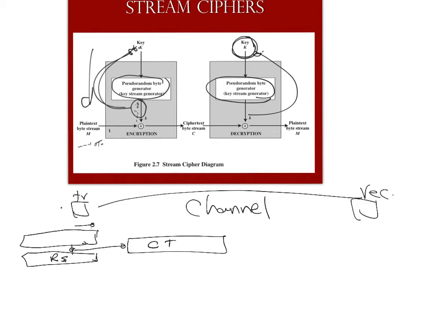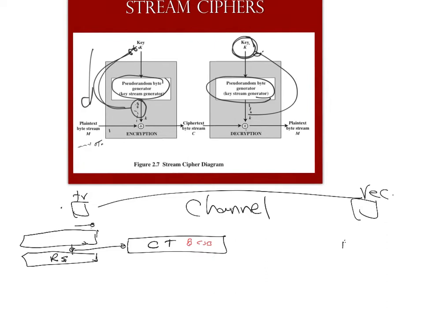So because of any external factor, there has been some changes to some bits in this sequence, okay? So the idea is, when I extract, here I can generate the same random sequence, right? And I XOR it with the cipher text to get the plain text, right?